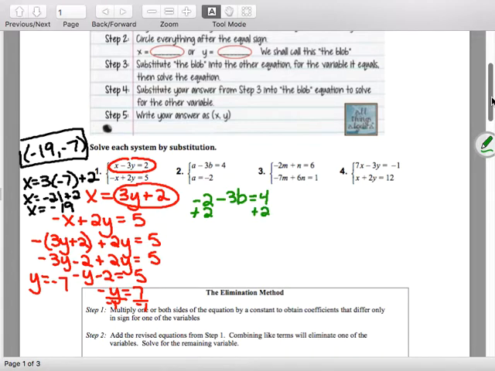I'll add 2 to both sides, so don't lose the minus sign. So it's negative 3b equals 6. Divide by negative 3, and b is negative 2. If the letters are not x and y, we do them alphabetically. So I'm going to make it A comma B, so it's negative 2 comma negative 2.